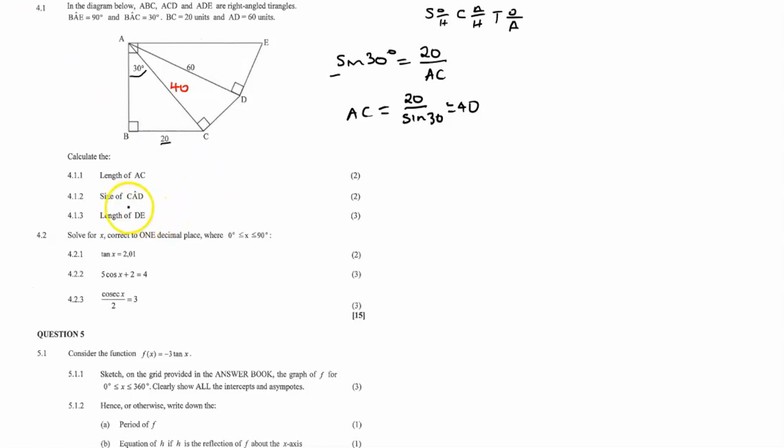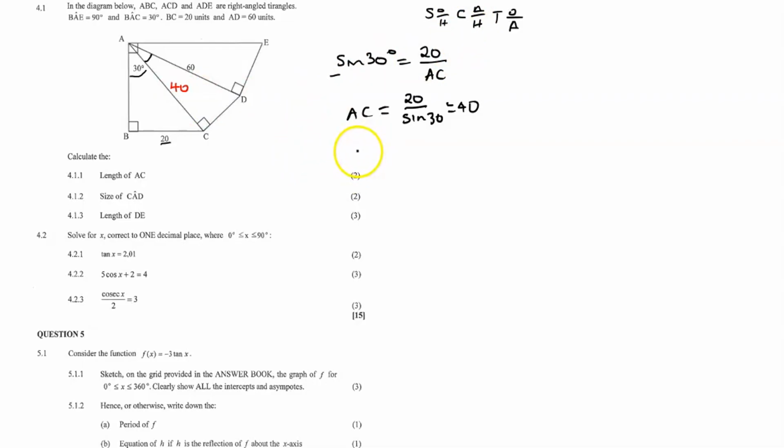Then they say find the size of angle CAD. So this is angle CAD. Now looking at this angle, we can see that this one will be the adjacent and this one will be the hypotenuse. So which one of these has the adjacent and the hypotenuse? It is obviously cos.